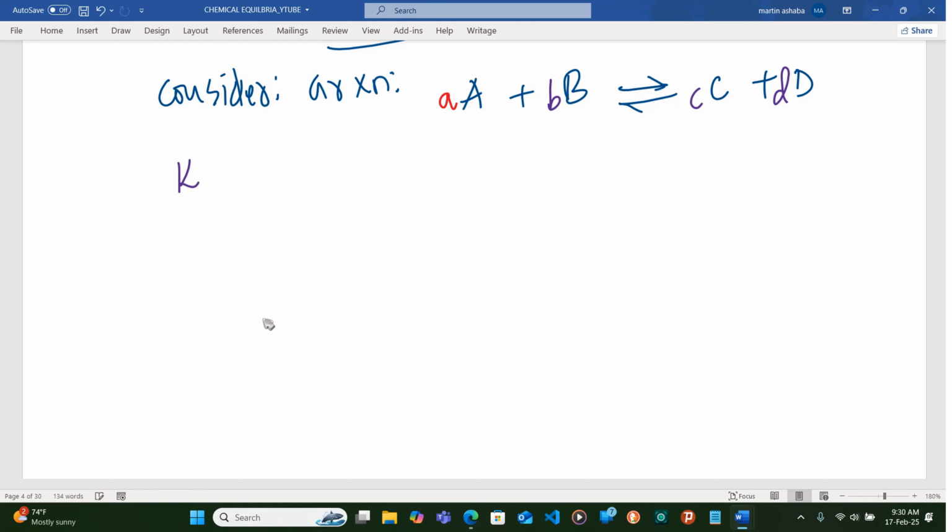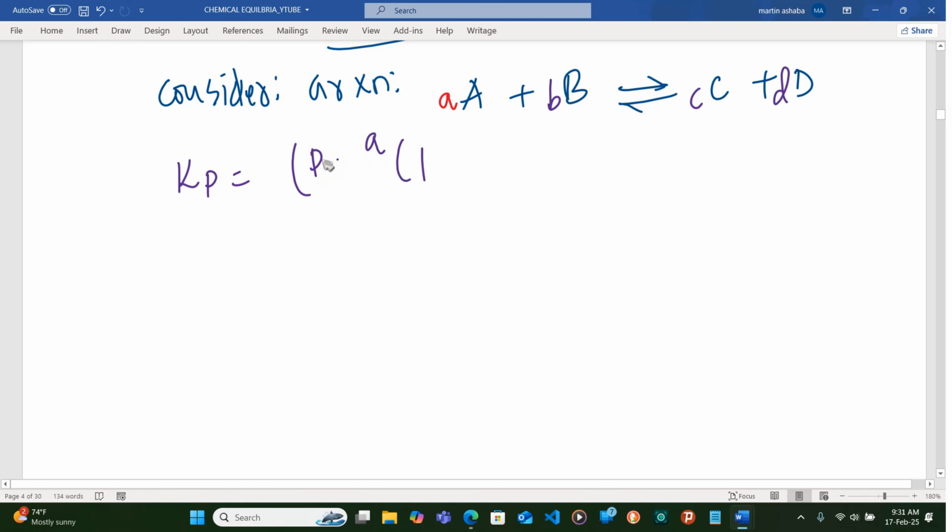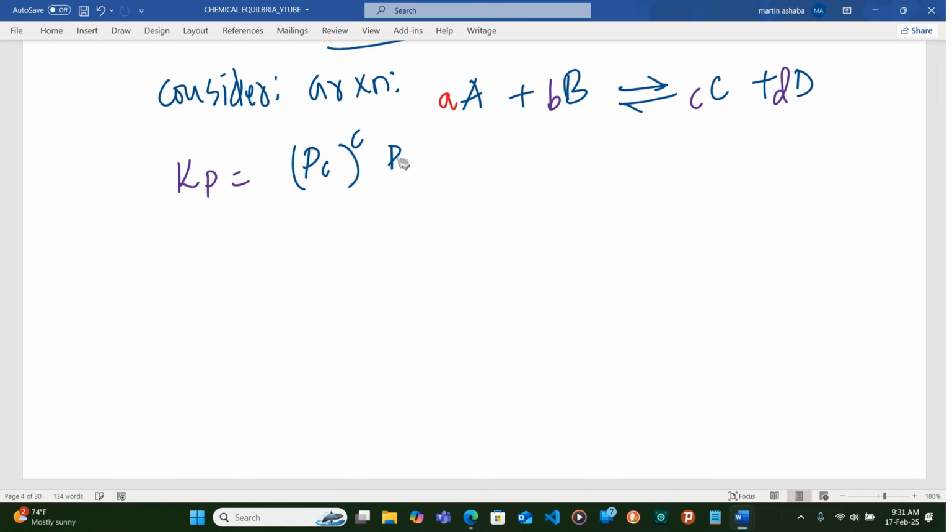So that means Kp for this is going to be the partial pressure of C, power c, times the partial pressure of D, power d, divided by the partial pressure of A, power a, times the partial pressure of B, power b. Usually it has to be products over reactants.